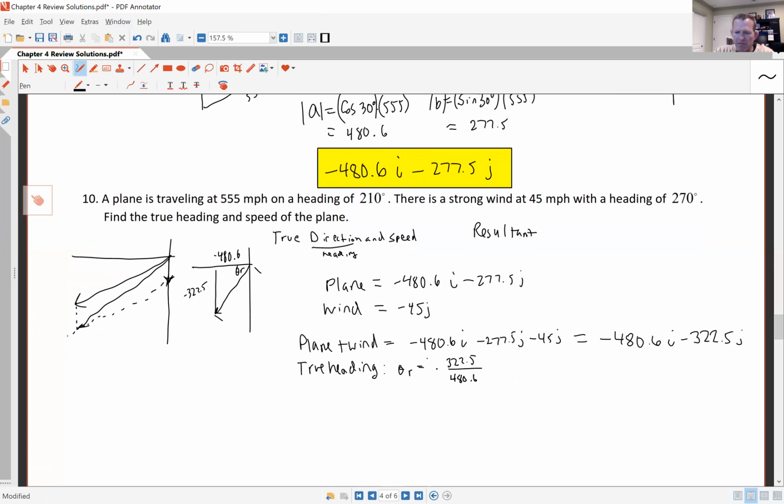And so we take the inverse tangent of that. And that gives us around 33.9 degrees for a reference angle. So that means the true heading theta is 180 degrees plus 33.9, which gives 213.9 degrees for the true heading.